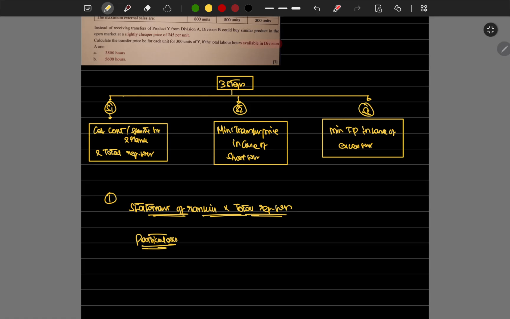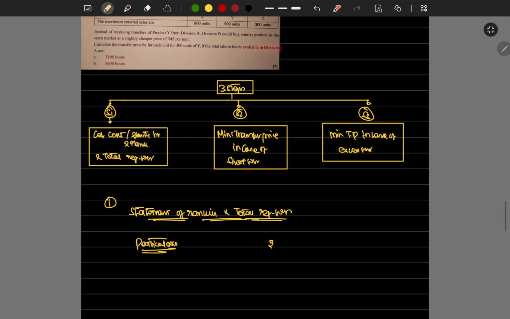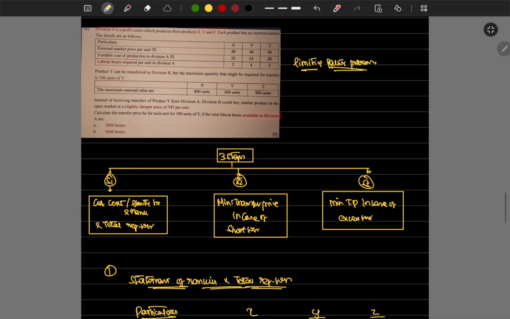Particulars, rupees, X, Y, Z. What's the selling price per unit?